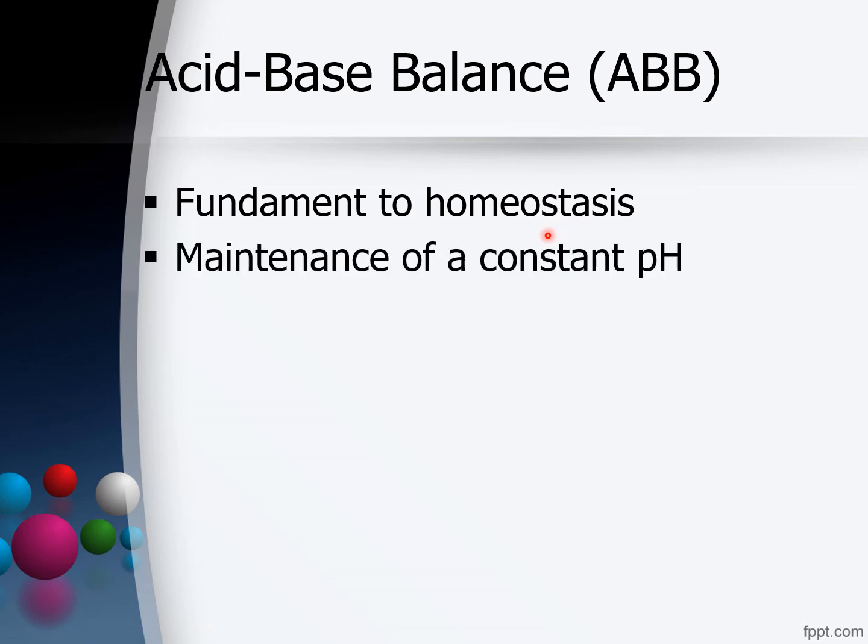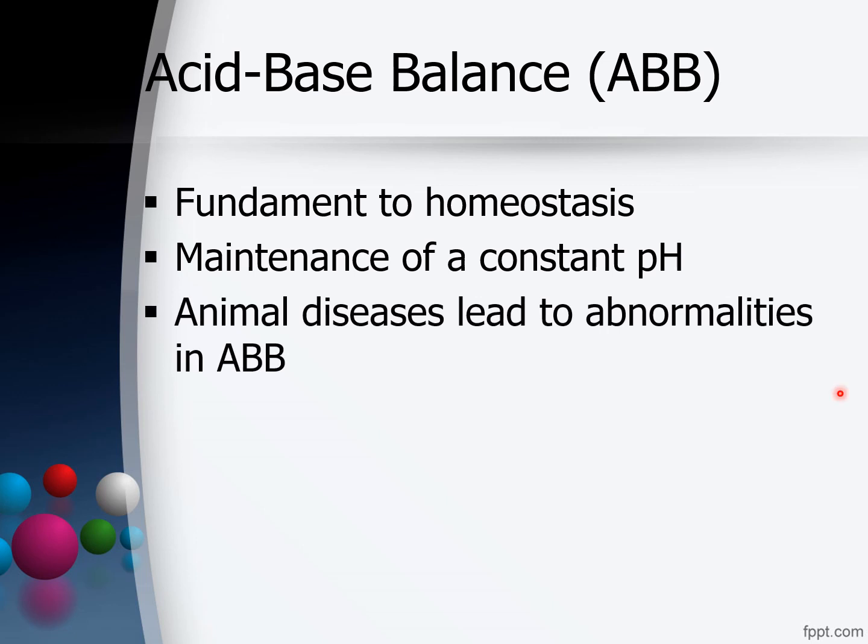It refers to the way in which the body maintains a relatively constant pH despite continuous production of metabolic end products. Animal disease states lead to abnormalities of body fluid, electrolytes, and acid-base balance. The ability to interpret acid-base data enables the practitioner to identify the cause of the imbalance and provide appropriate treatment.